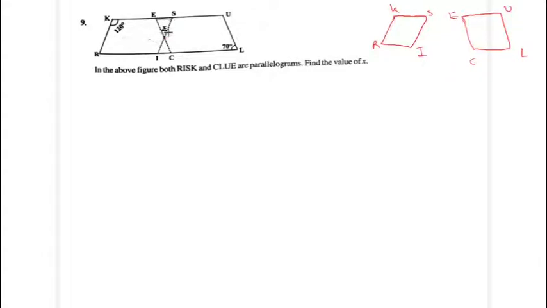From here we have to find the value of x. Now see, as it is a small triangle, obviously we have to use some properties of a triangle to find the value of x.